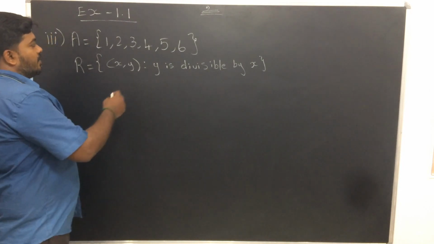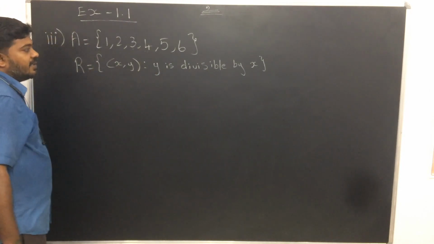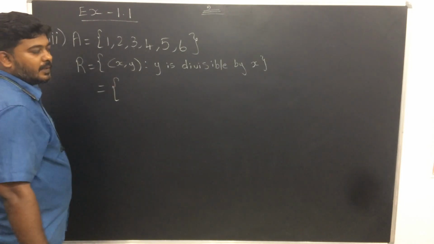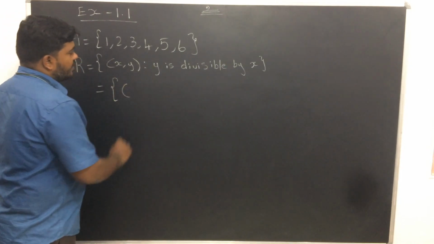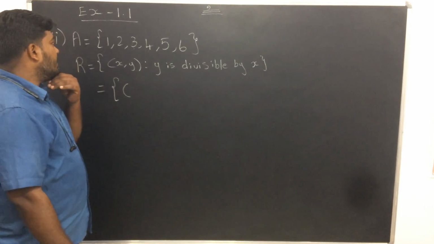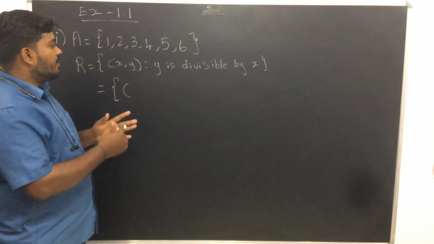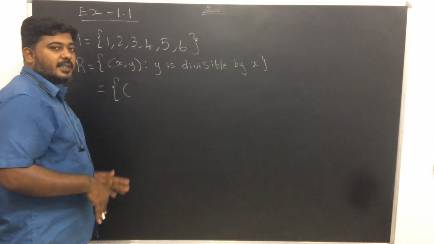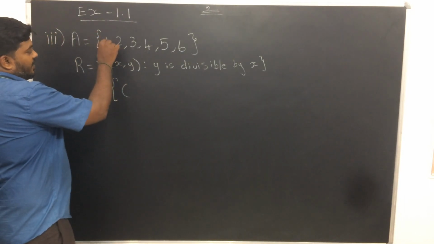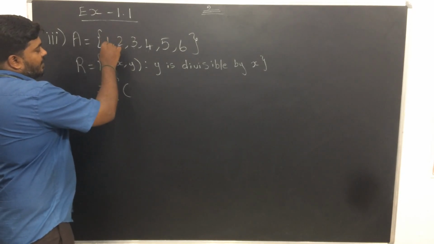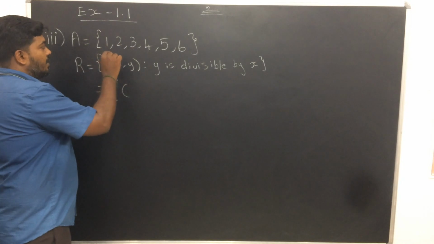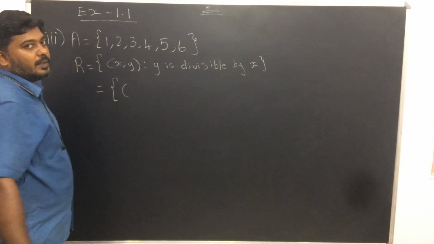Okay. So from this relation that is given, let's find the values of R. We have to check every ordered pair. Only then we will be able to find what pairs come inside the relation. So let's start with 1. Take the first element and start checking for each pair having x to be 1. So start with 1 comma 1.